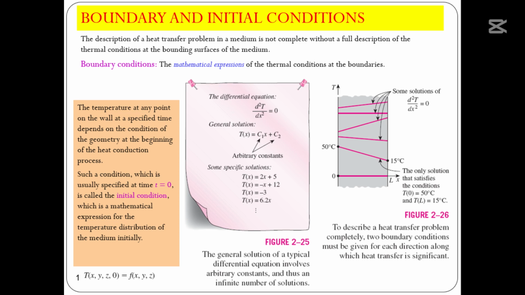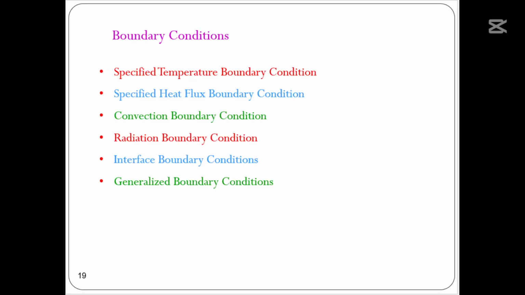To solve for these two constants, we must know the boundary conditions. So in the heat conduction equation, we have these five kinds of boundary conditions that can be used to solve the one-dimensional or three-dimensional equation. The first one is the specified temperature boundary condition.